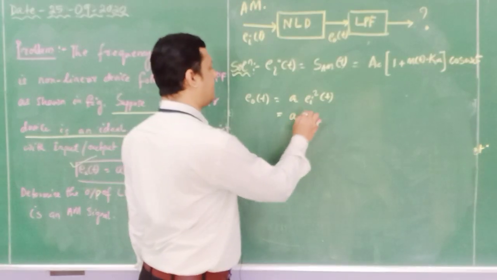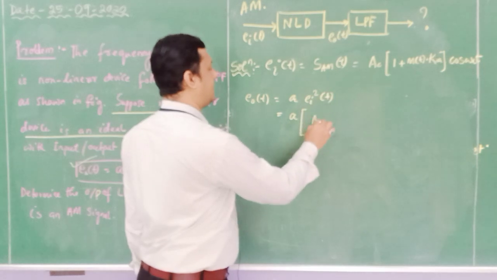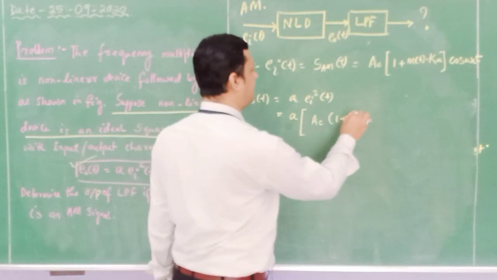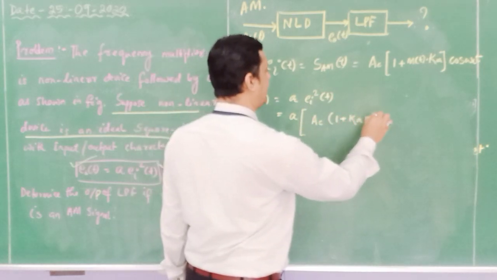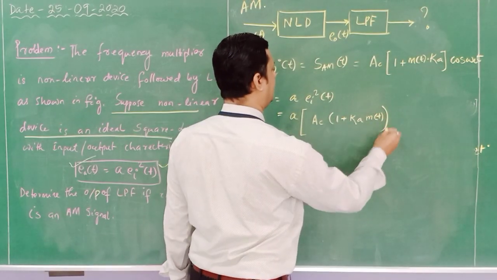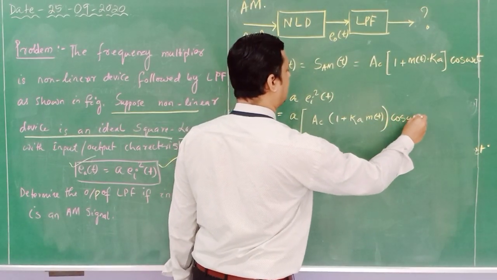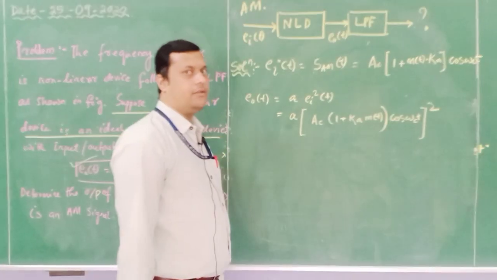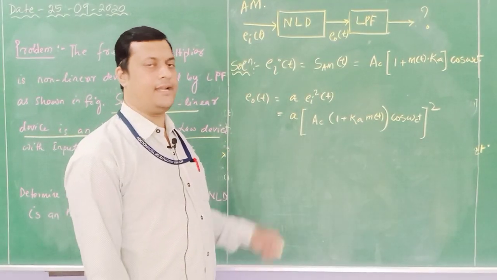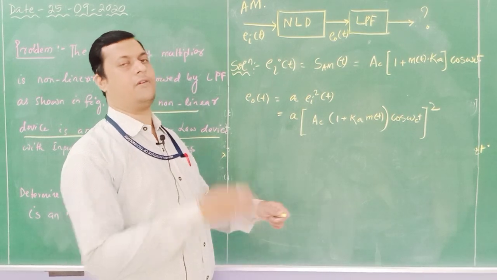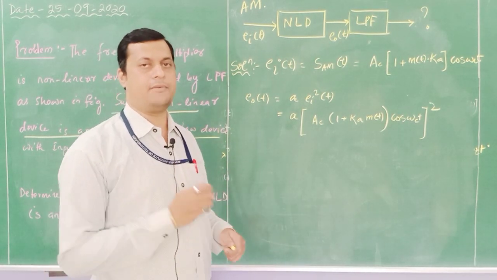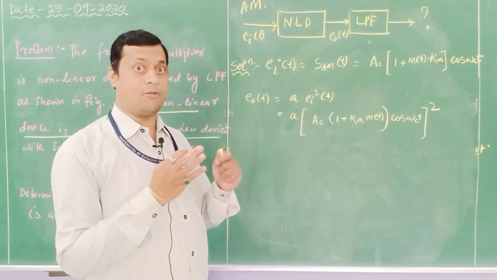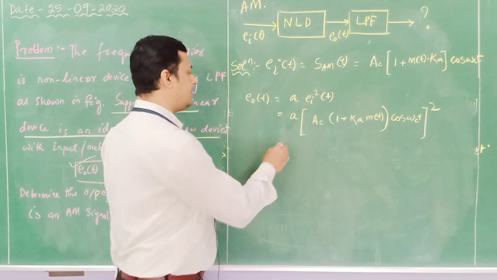So it is A c into 1 plus K a m of t, whole into cos omega c t, whole square. Now you need to expand this relation. Again we have to identify the DC component, sideband component, harmonic component and modulating signal component.